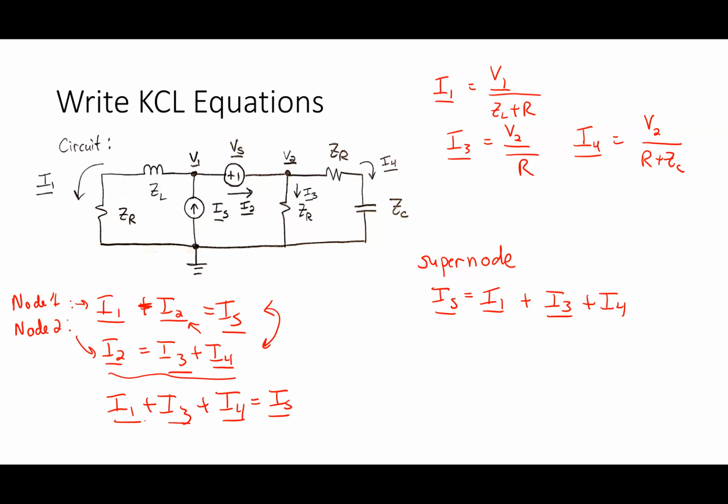Same relationship. Now I go to this and say IS equals V1 over ZL plus R, plus I3 is V2 over R, and I4 is V2 divided by R plus ZC.